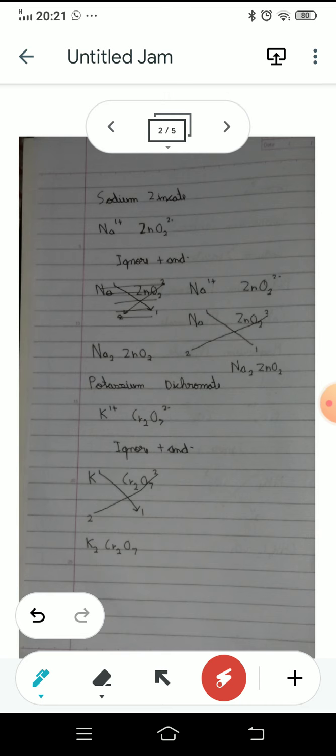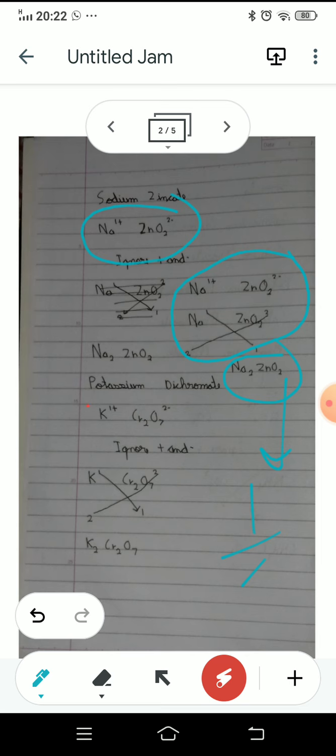What is the error? Over here it should not be 2, it should be 1, because 1 is coming. So you have to remember this while creating any formula. Let me mark it again over here. Then we interchange the valency to form the formula.